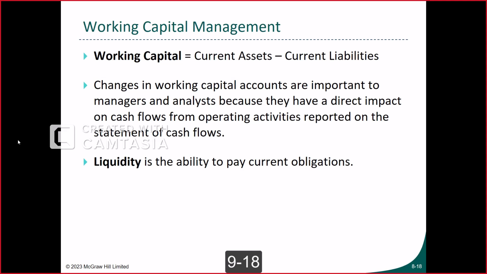One of the first calculations you make. And there is also the working capital ratio, which is current asset divided by current liability. So the working capital, the dollar amount, is current asset minus current liability. What do you expect this amount to be in a regular situation, positive or negative?